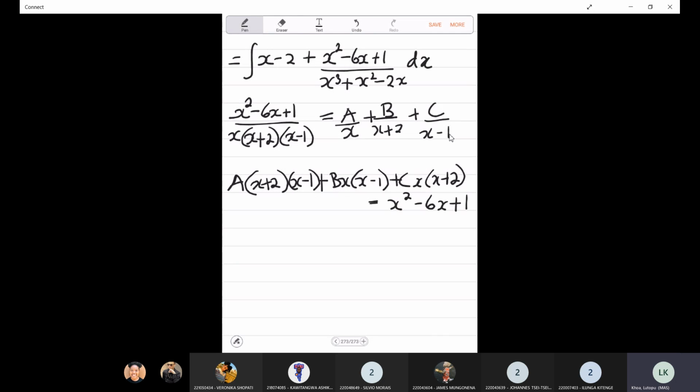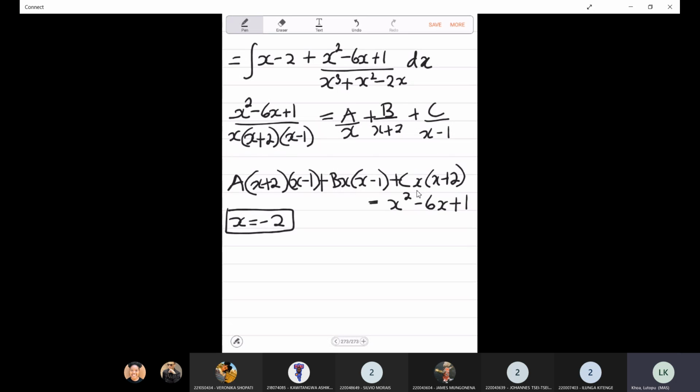So because all the factors are different, then we can pick values of x to substitute in, and that will get rid of the other terms. So we start with x equal to negative 2. So when x is equal to negative 2, that's our first one. This one will be 0. That one will be 0.